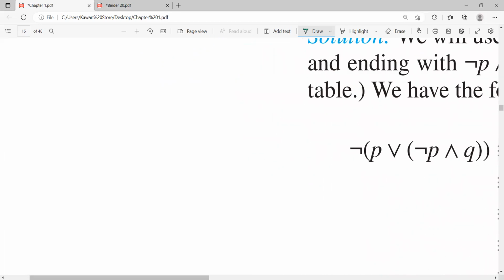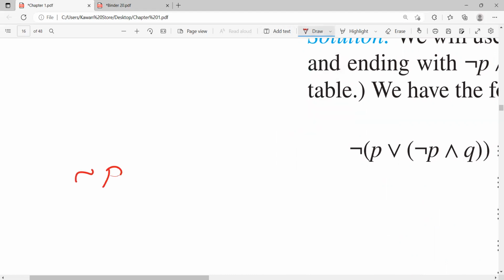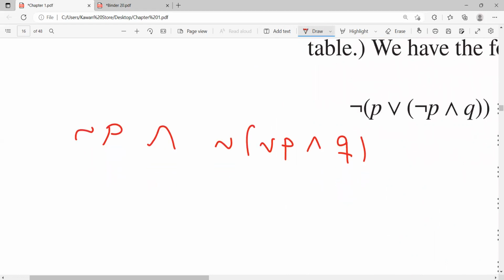Yalla, Jamaat. How do you solve that one? You can say we have what? Yeah, negation P using De Morgan's, right? And negation of... am I right? Good. Let that one be on the other side.